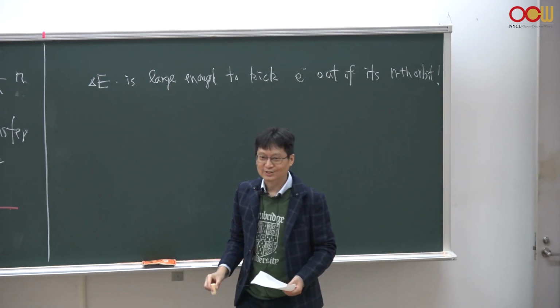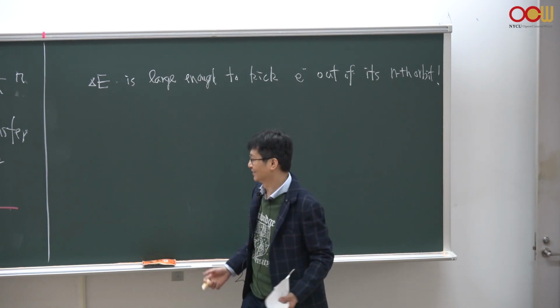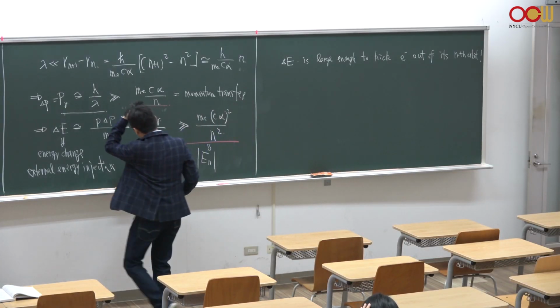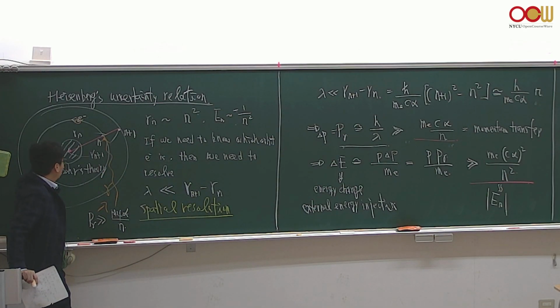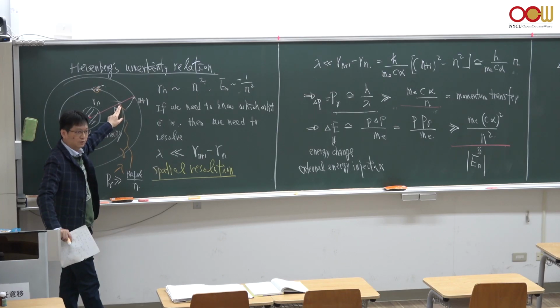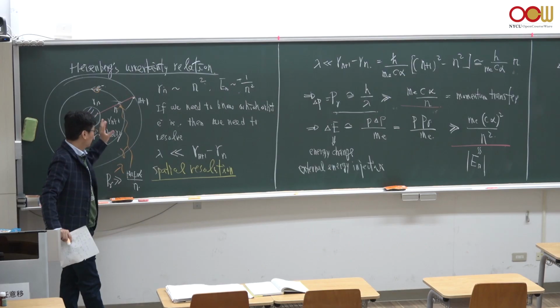Okay, so then you are dead. Why are you dead? Because it contradicts your original purpose. Your purpose is to see if this electron is in the nth orbit. And to do so, you must send in the highest resolution photon beam to hit your electron, and then you see this electron, right?